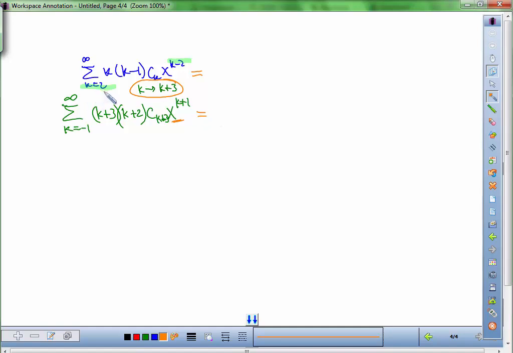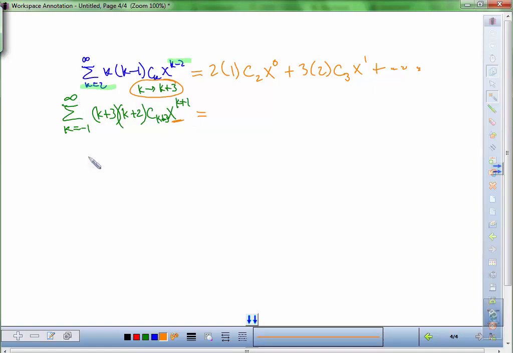When k is equal to 2, you put 2 in for k, 2 minus 1 is 1. You get c sub 2 x to the 0 power, plus when k is equal to 3, this is 3 times 2 c3 x to the first power. So that's how the first series looks.